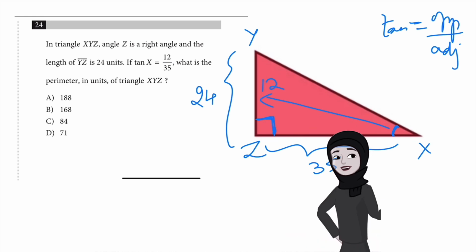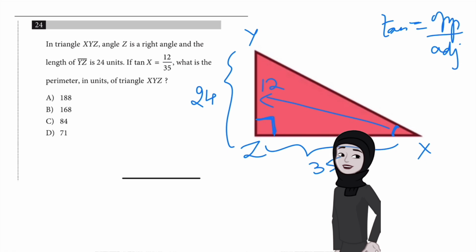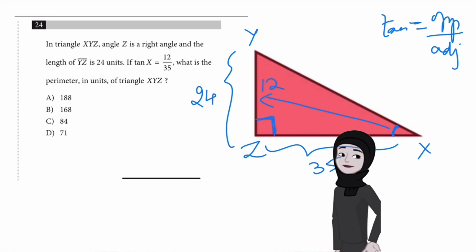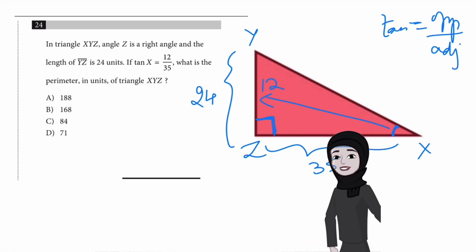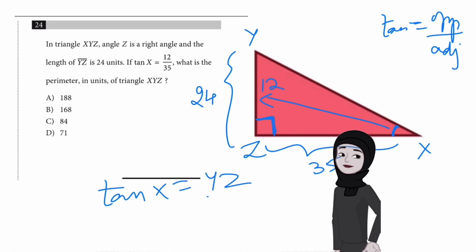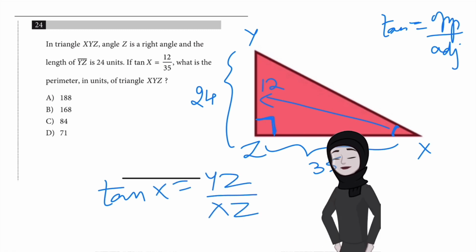Angle Z in triangle XYZ is a right angle. Thus, side YZ is the leg opposite angle X and side XZ is the leg adjacent to angle X. The tangent of an acute angle in a right triangle is the ratio of the length of the leg opposite the angle to the length of the leg adjacent to the angle. It follows that tan X is equal to YZ divided by XZ.